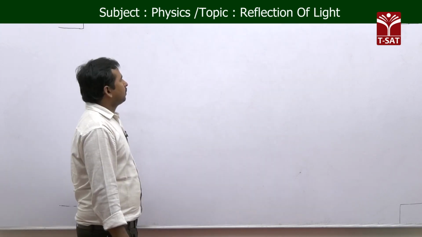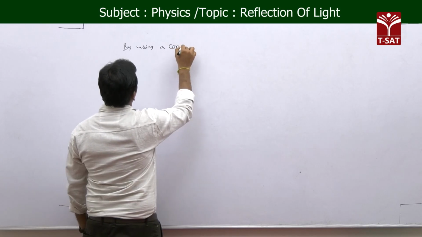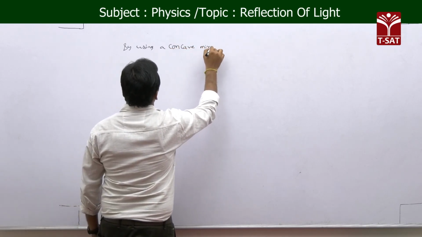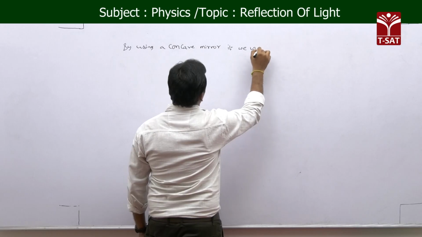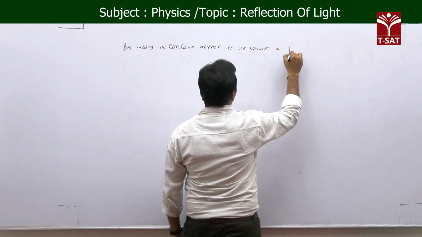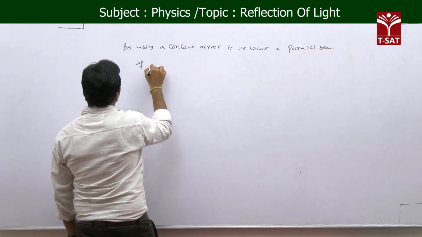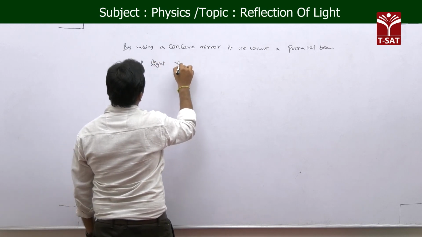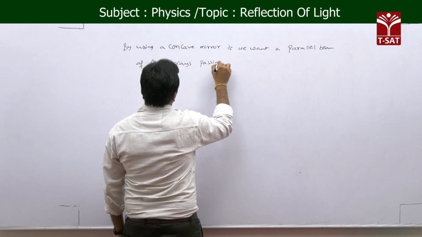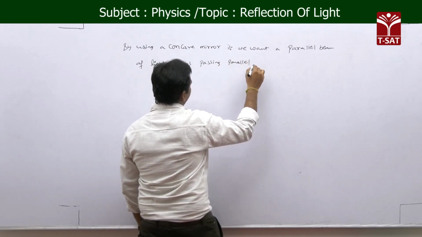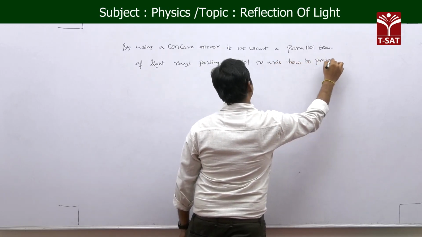Now we will see, suppose by using a concave mirror, we want a parallel beam of light rays passing parallel to the principal axis, how to project the light rays?